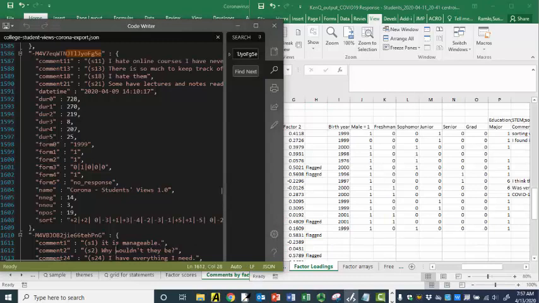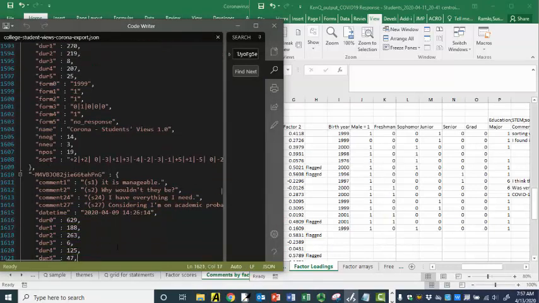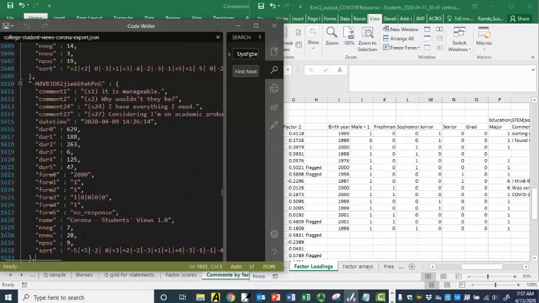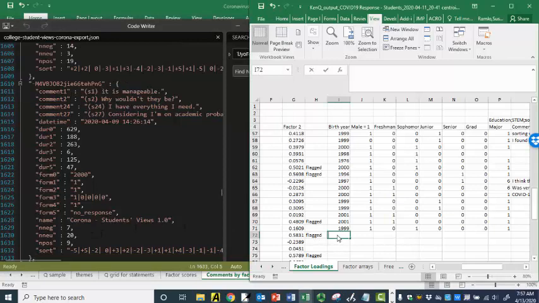Right, here is another factor 2 person. Oh, apparently the student is on academic probation. But they're going to get by. And that's the general sense of our people here on factor 2.